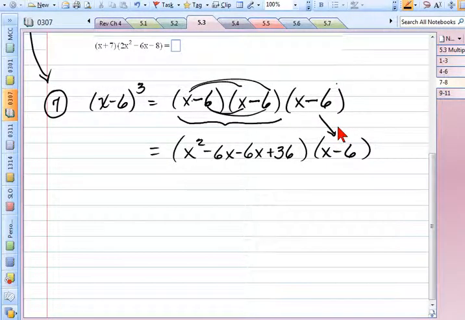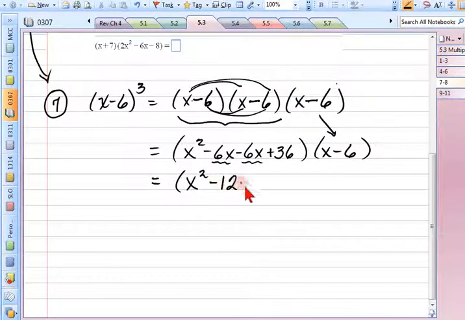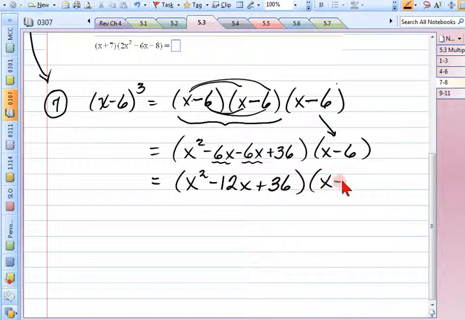Can I maybe simplify a little in that first set of parentheses? Do you have some like terms you could combine? All right, so I did the product of the first two, and I got this, which I am now simplifying to be x squared minus 12x plus 36, and that's times x minus 6.